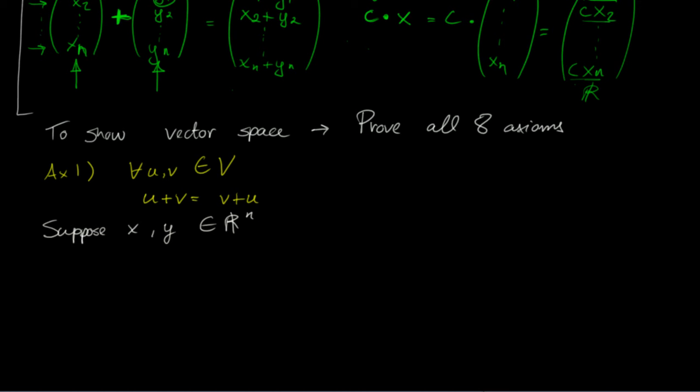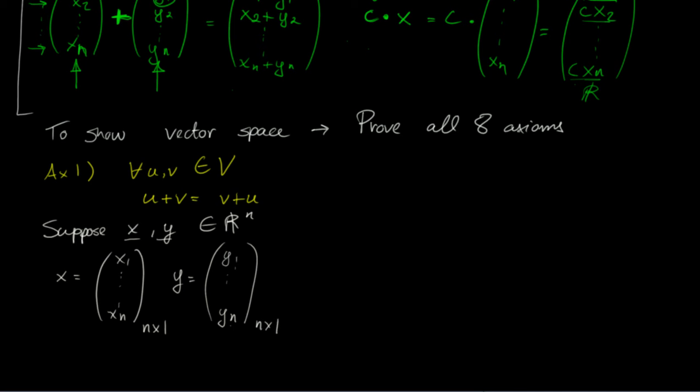As soon as you write that, you can say that by definition, x is equal to x1 through xn, in other words, it has n rows and 1 column, and y is equal to y1 through yn. So again, n rows and 1 column, n components. Both of these are n by 1 vectors.